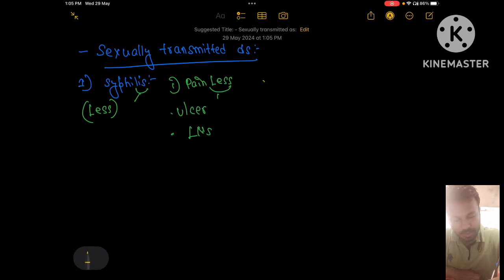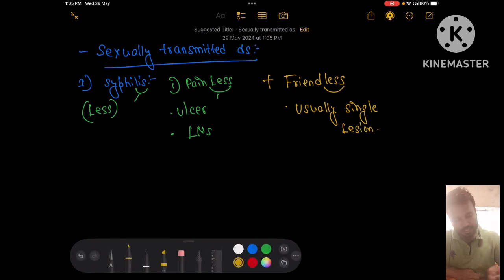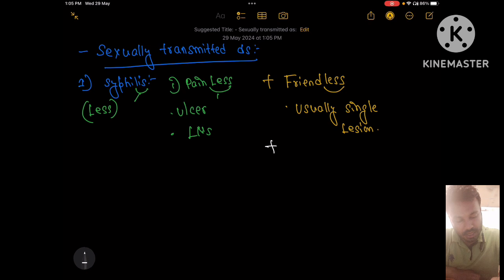Next, it is friendless. Syphilis usually presents as a single lesion. Next, it is colorless.